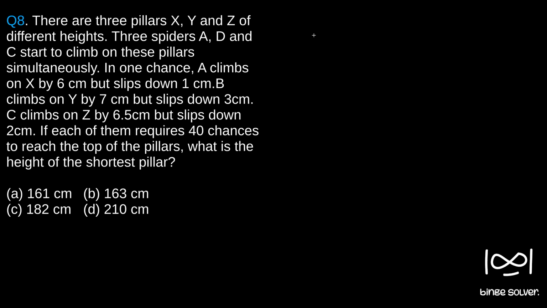So we need to find the shortest pillar. If you see, there are 3 pillars. I will just mark it with 3 lines. Let this be the first pillar X, this the second pillar Y, and this the third pillar Z. They are of different heights, and we don't know which height. So A climbs this, B climbs this, and C climbs this.